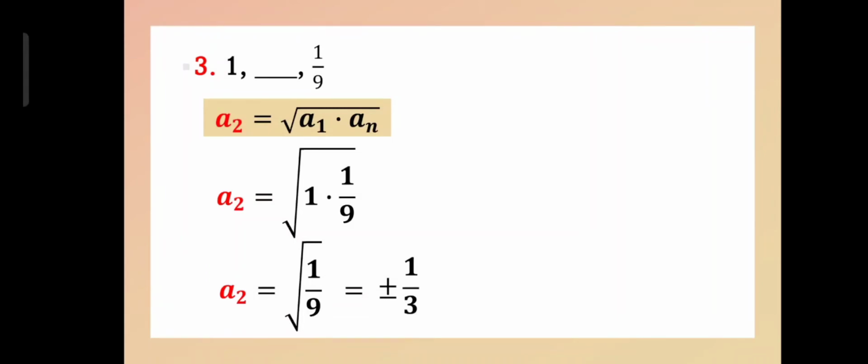A sub 2 is equal to positive or negative 1/3 since the square root of 1 is equal to positive or negative 1. 1 times 1 is 1, or negative 1 times negative 1 is equal to 1. Likewise, square root of 9 is equal to positive or negative 3 since 3 times 3 is equal to 9, or negative 3 times negative 3 is equal to 9.